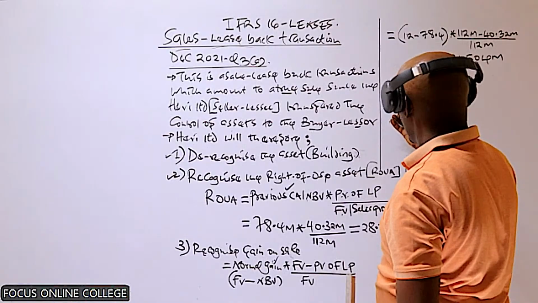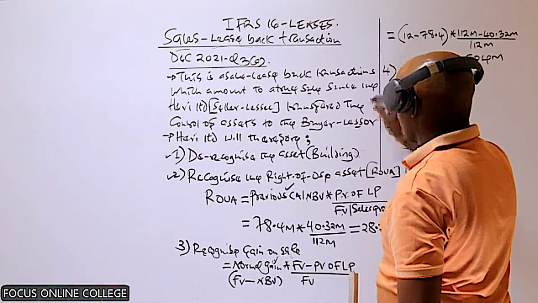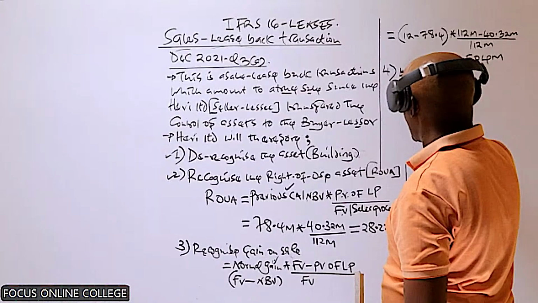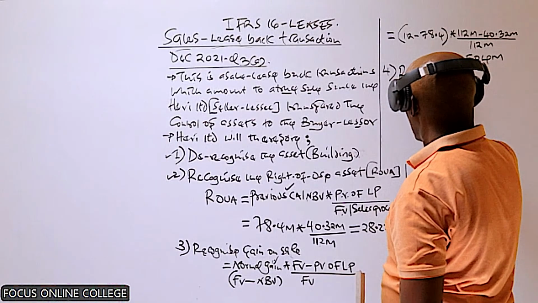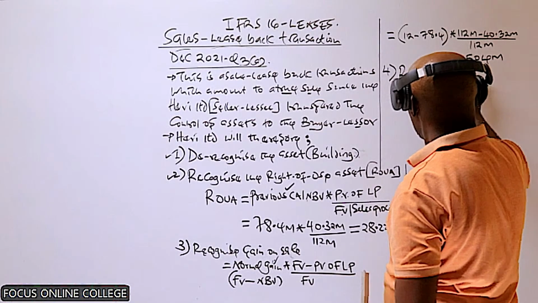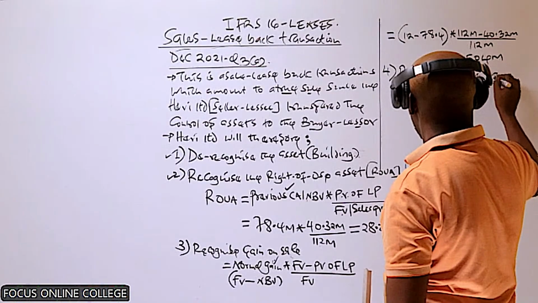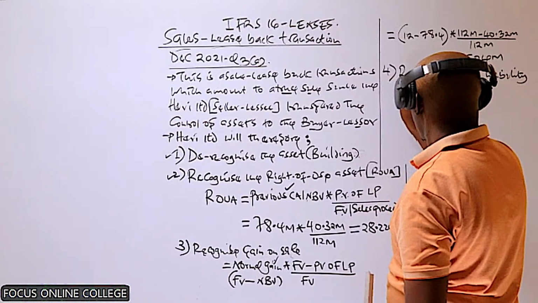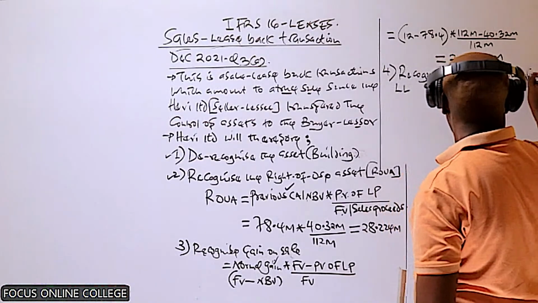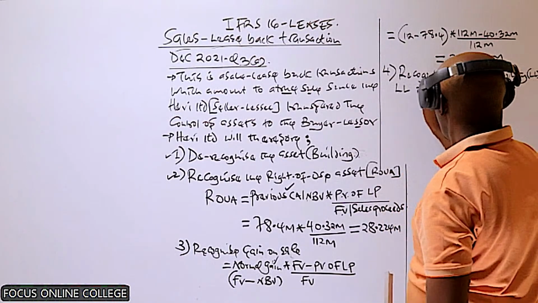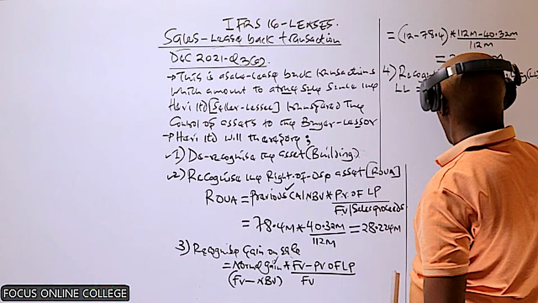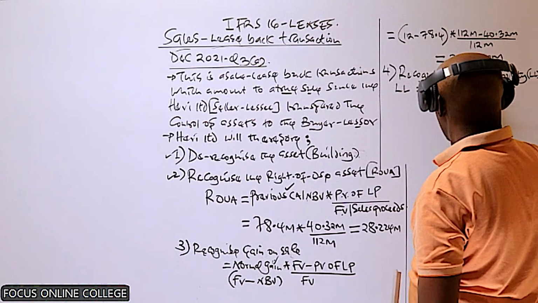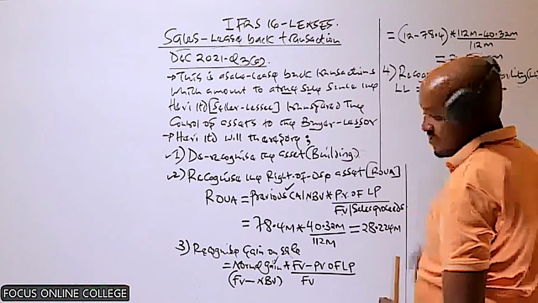And then finally, number 4, we have said the seller lessee will also recognize something called the lease liability. And the lease liability is equal to the present value of the lease payment, or the present value of the minimum lease payment.